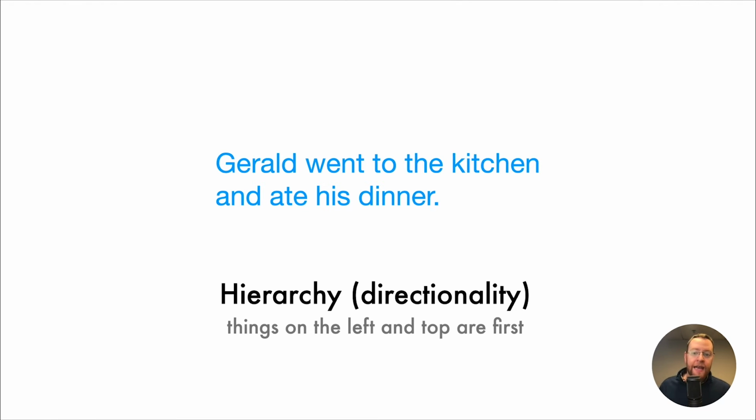So, in the West, or in language and cultures that read from left to right, then the principle is that things are in hierarchical relation from left to right and from top to bottom. So you read this sentence, and the thing of first hierarchical importance in this is Gerald, right? It's the first thing going on. And then you read to the end of the line, and then you go down, right?